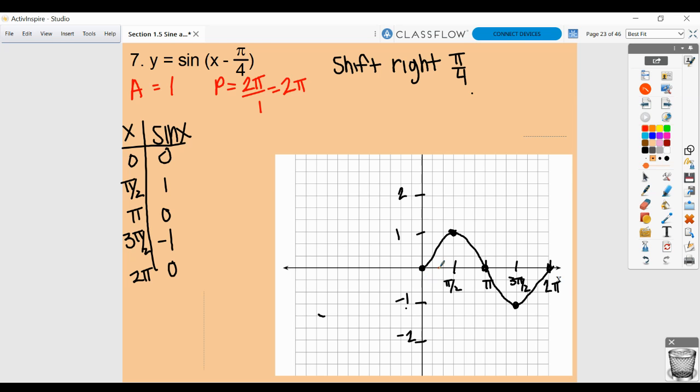Pi over 4 would be between 0 and pi over 2. So you are going to be moving all of these points basically halfway in the middle to have your new graph. So the final graph would be the one in the red.